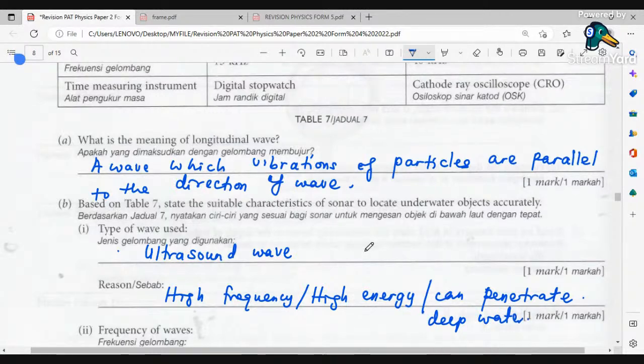Okay, high frequency, of course, high energy, can penetrate deep water.